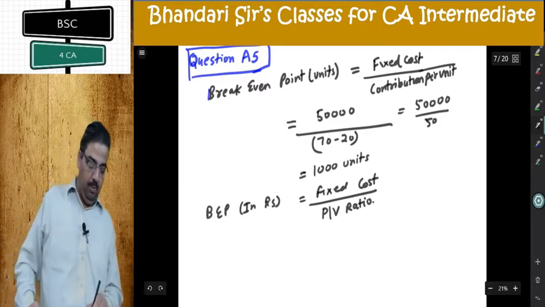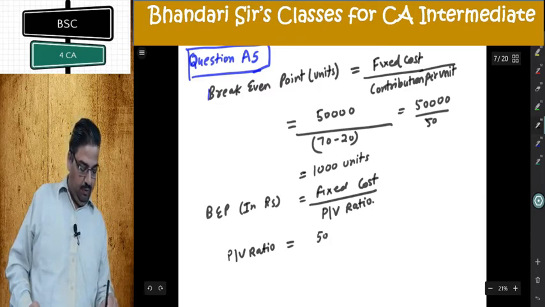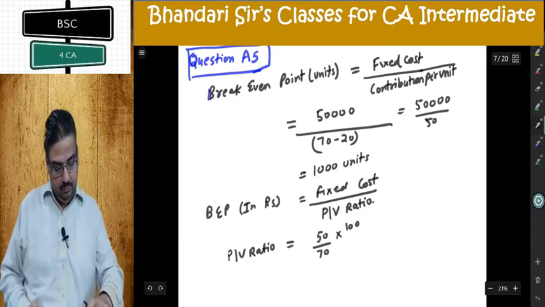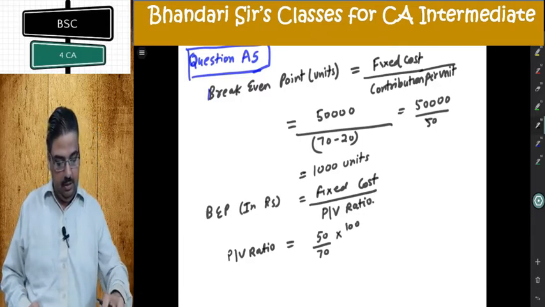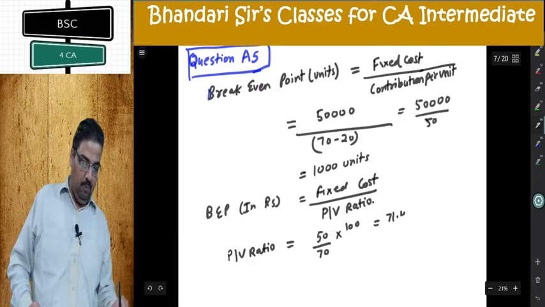So, first I compute PV ratio. 50 divided by 70 into 100. 50 divided by 70 in percentage terms, 71.428%.